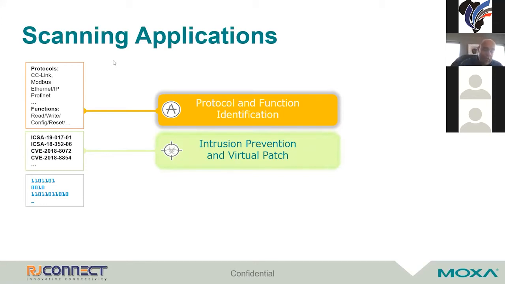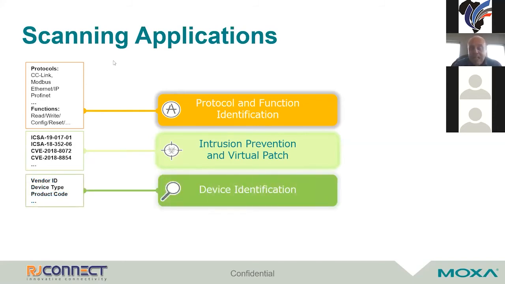As you can see on the left-hand side, ICSA-19-07, etc. These are the known viruses, the known malwares. This is documented and is a known signature. This is what you update, by the way, when you're updating your antiviruses. These are the files that are updated in antivirus, okay? The known signatures of viruses.